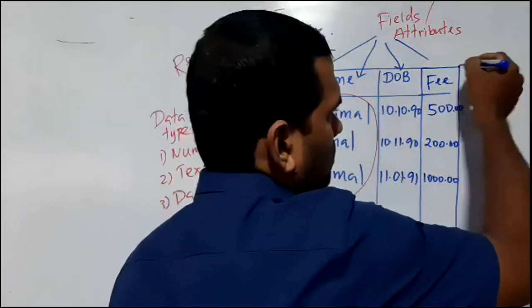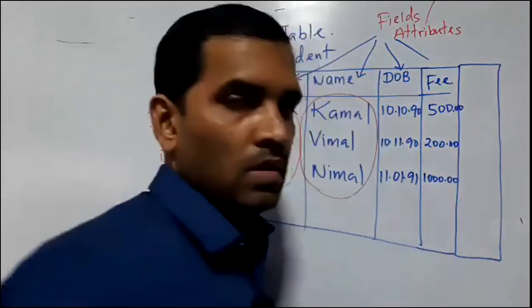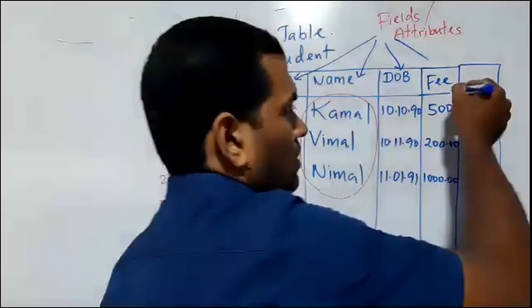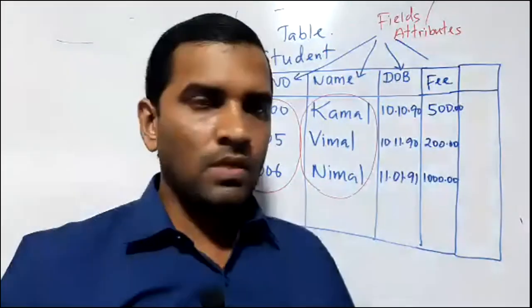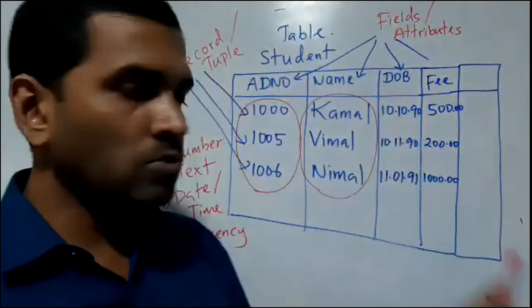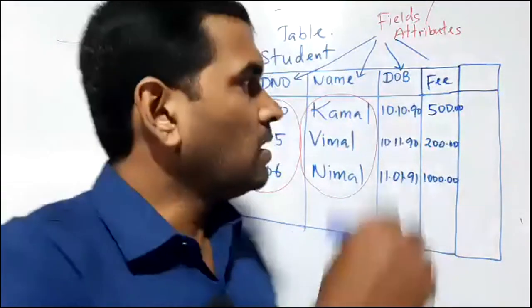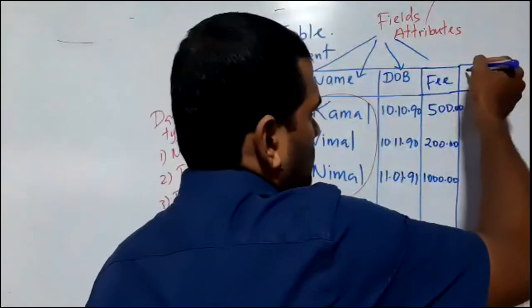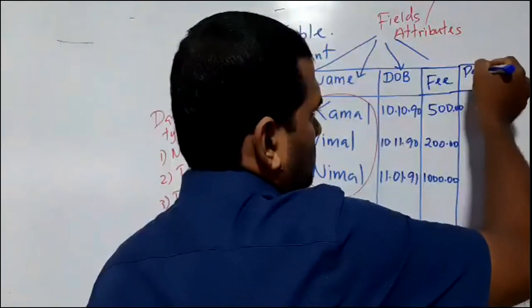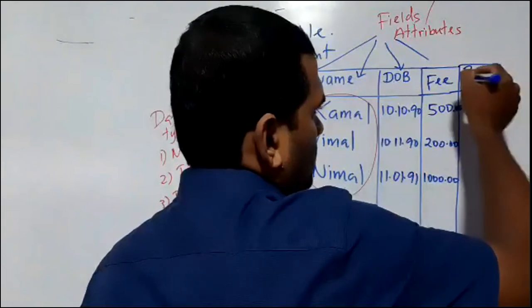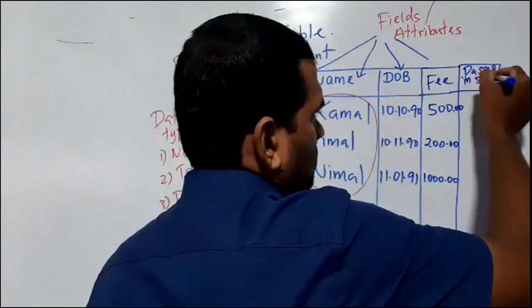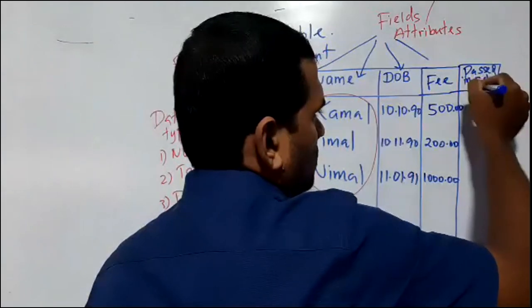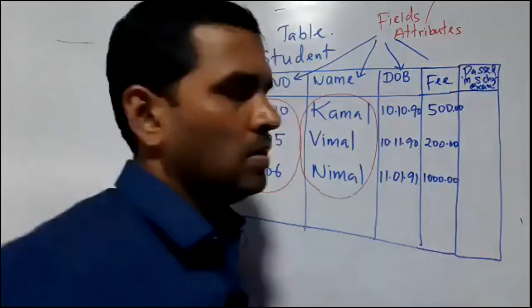Okay, let me add one more field there. Since it's a table with students' data, I can put a simple idea like passed in scholarship exam, right?